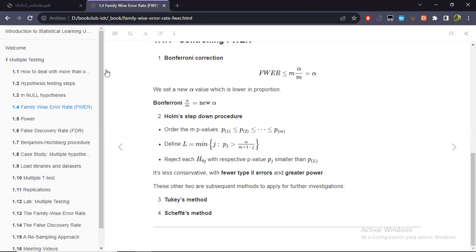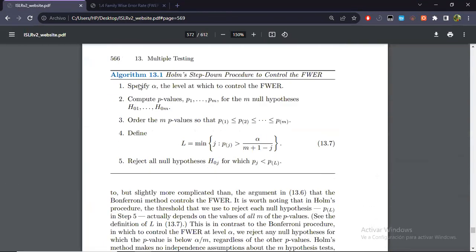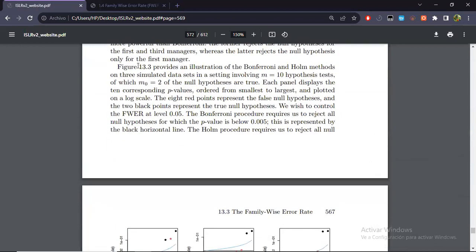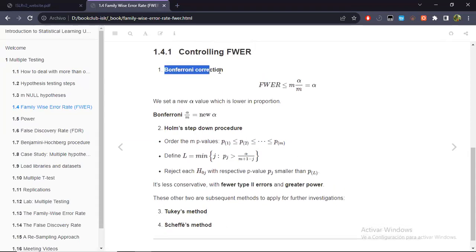So in the book, they also mentioned two other methods. Basically, their use comes in handy when you do have some information about the dependence of the tests. As I mentioned, this procedure and this one over here both work independent of whether the tests are independent or not.